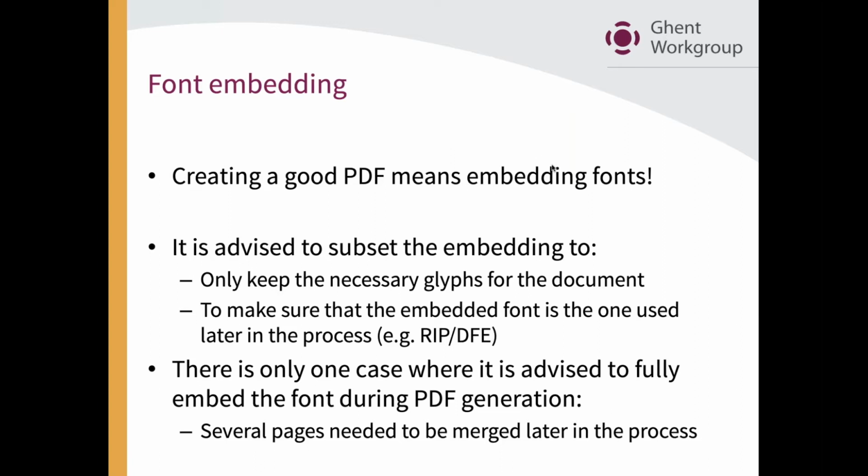Like if you have a font in a PDF that is named Helvetica, and you go to the RIP and you have some setting in the RIP saying that if the font is present on the hard drive of the RIP, don't use the font that is inside the PDF, then you will have replacement of the original font that you had in your PDF by the one that is on the RIP.